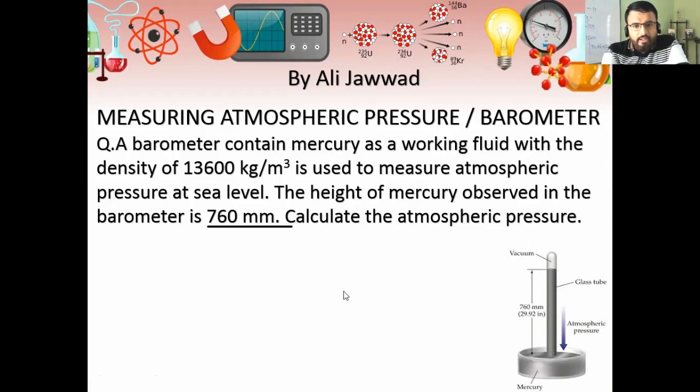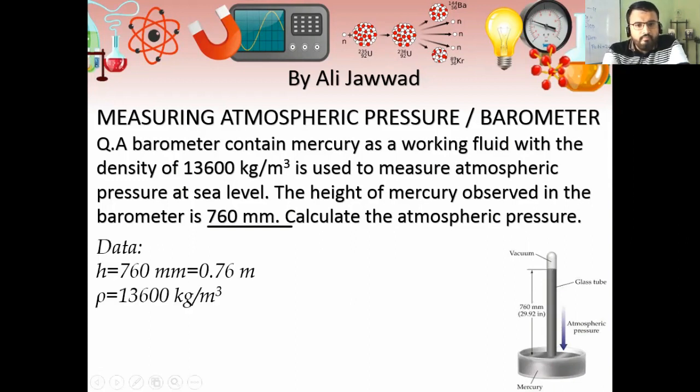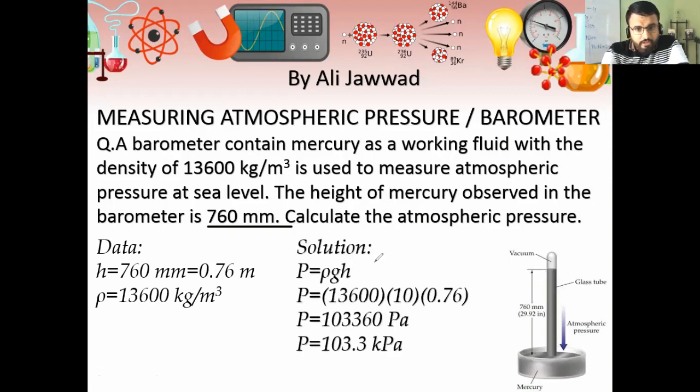So now we can apply the basic formula after writing down the data, which is hydrostatic pressure, meaning pressure of liquid, is equal to rho g h. Rho is the density of mercury, since mercury is used. Gravity is 10 for the surface of Earth, but according to the new syllabus, the students should use 9.8. And the height is converted into meters because the SI unit is meters.